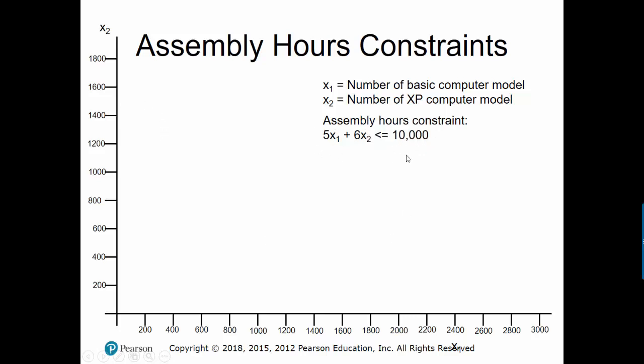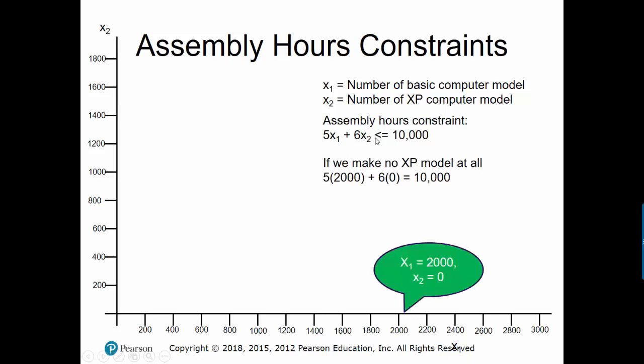When the left hand side is equal to 10,000, what would that look like in the graph? Now, 5x sub 1 plus 6x sub 2 equal to 10,000 will be a straight line.